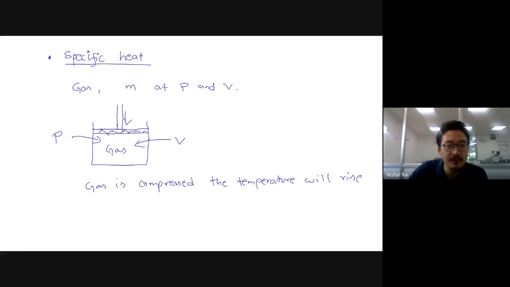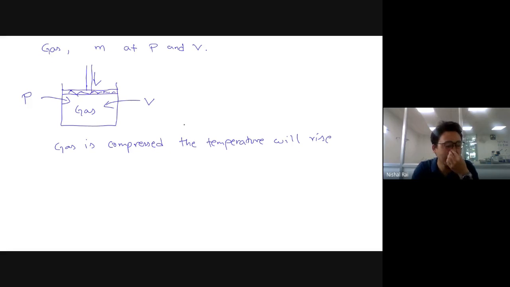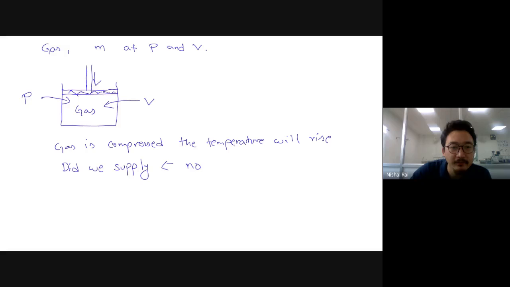Either by putting pressure or by decreasing the volume. So if the gas is compressed, its temperature will rise. But did we supply any amount of heat over here? No heat is supplied.